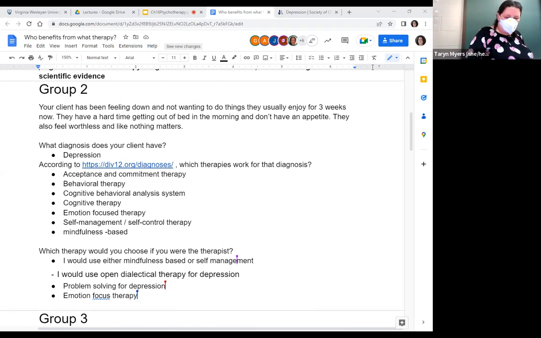I said I would pick mindfulness or self-management, and I thought those would be most beneficial because it's important to teach them how to manage it outside of therapy, giving them things to practice or remember when they're not in a therapy session, how they can help themselves. Yeah, excellent.